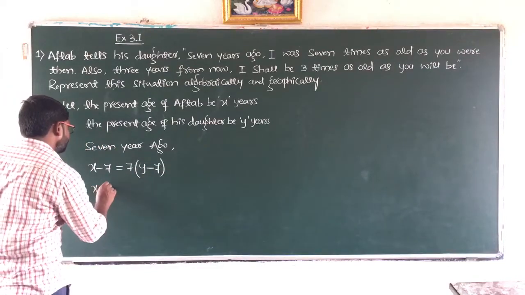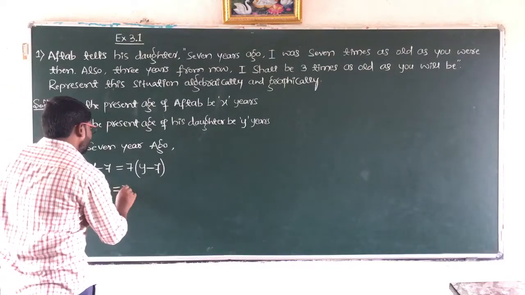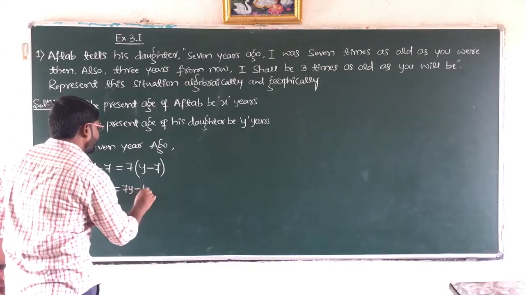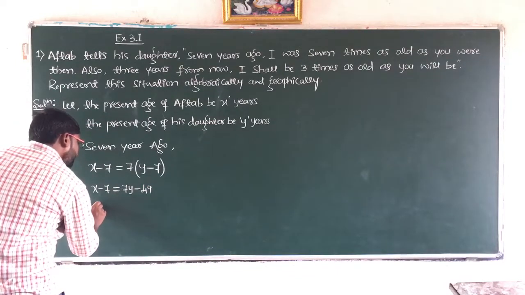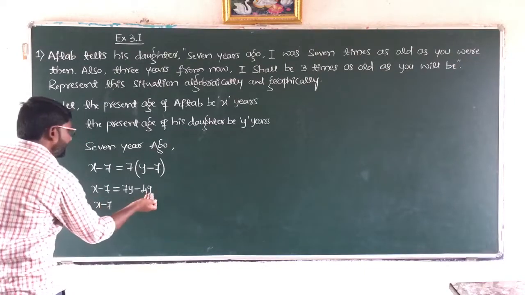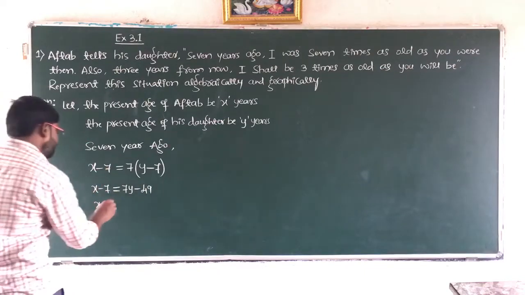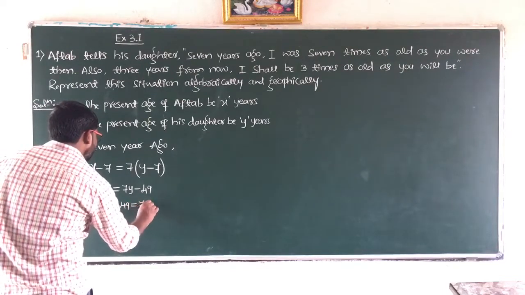X minus 7 is equal to, multiplying 7 inside, 7Y minus 49. Now this can be written as X minus 7, then take minus 49 to the LHS, it becomes plus 49, equal to 7Y. So 49 minus 7 is 42, so X plus 42 is equal to 7Y.